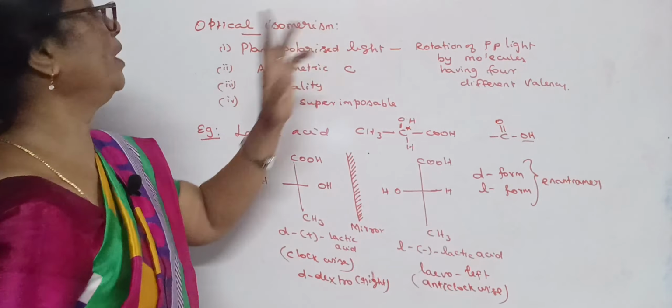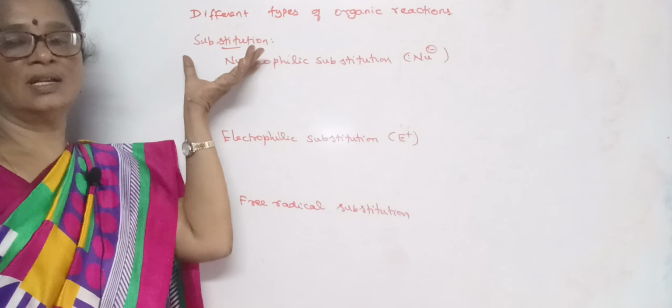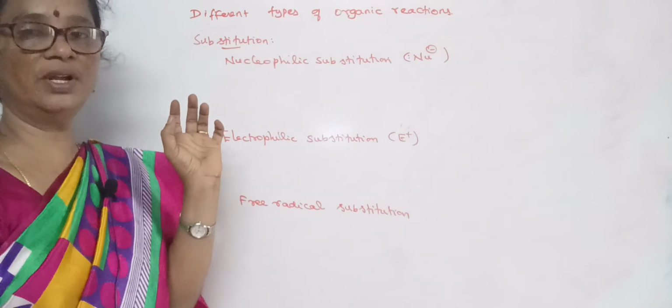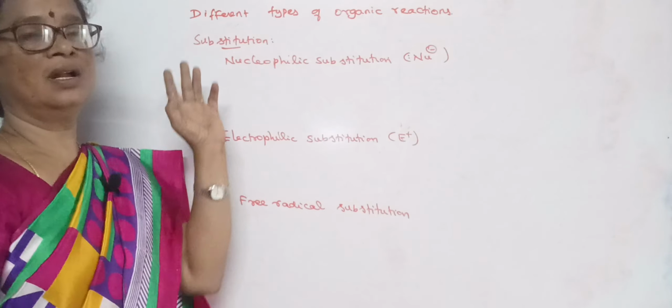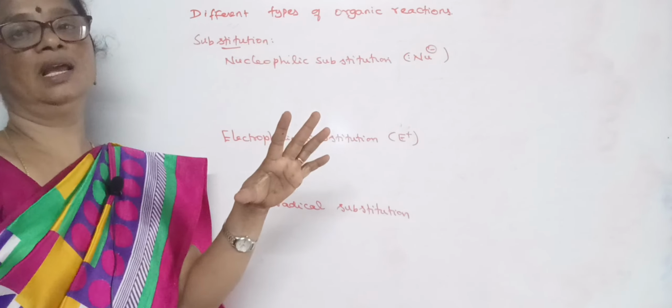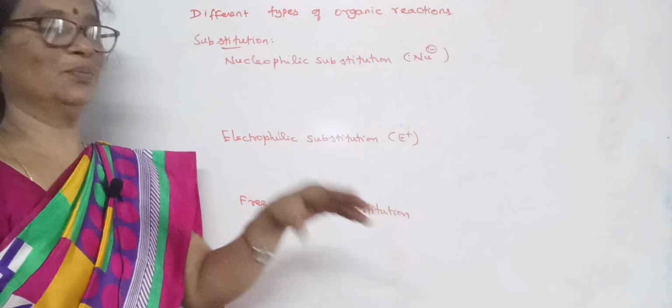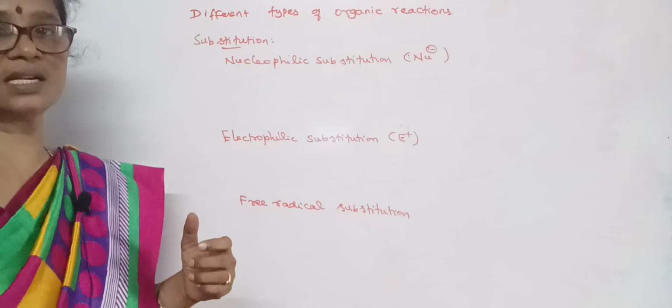This is optical isomerism. This is the topic from the next chapter of Samacheer Kalvi, that is basic principles of organic chemistry. In that chapter they will discuss the inductive effect, nucleophile, electrophile and all other things. Besides that, it also explains the different types of organic reactions.